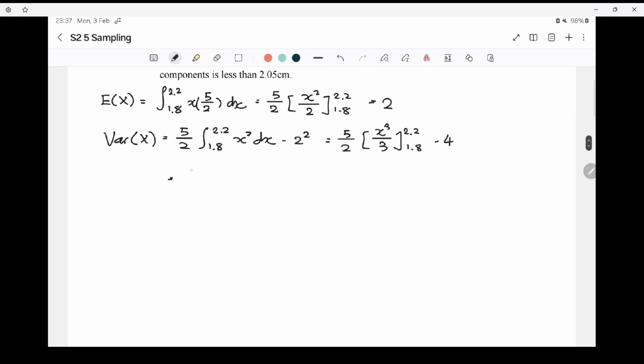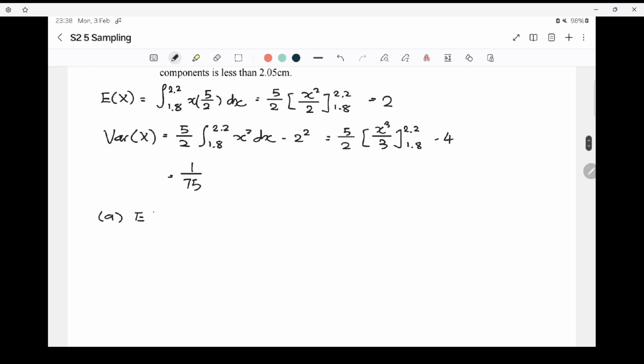So this is 1 over 75. So for part A, 40 samples. So E of x bar 40 will be 2. Variance of x bar 40 will be 1 over 3000. So basically 1 over 75 further divided by 40.